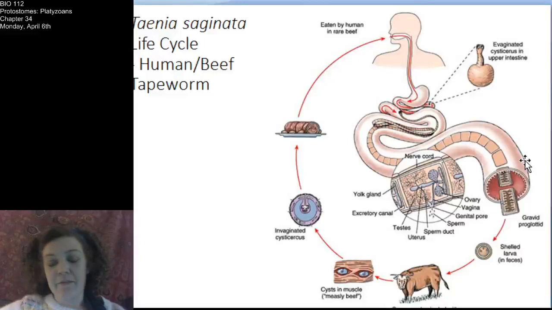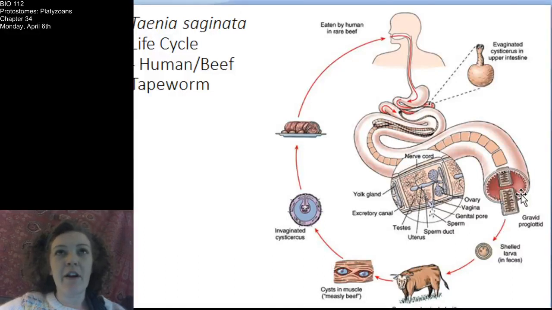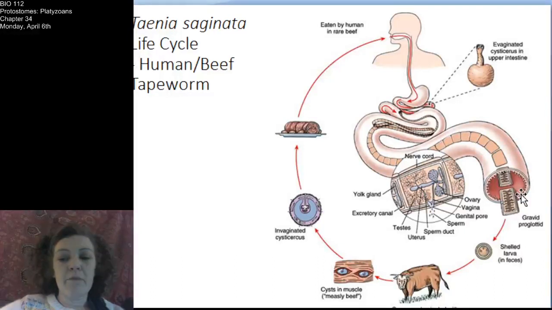They just keep adding proglottids from this end. The proglottids at the other end are reproducing actively. Gravid is not the same as pregnancy, but it means being ready to reproduce. So on this end, you're adding new proglottids.